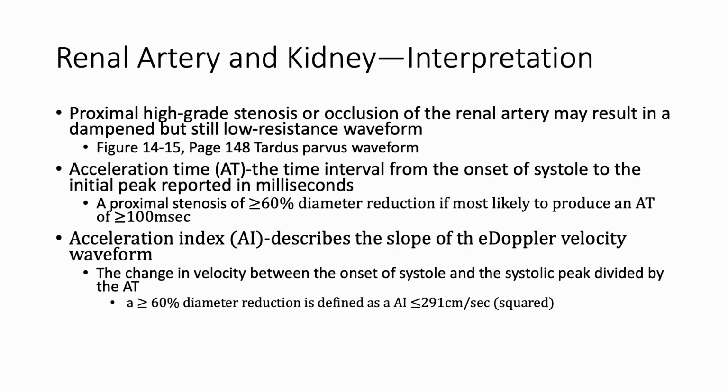Again, I want you to focus on RAR and RI. Please do know tardus parvus, that's also important, and what it means if you see it while imaging a renal artery. So again, RAR, RI, tardus parvus.